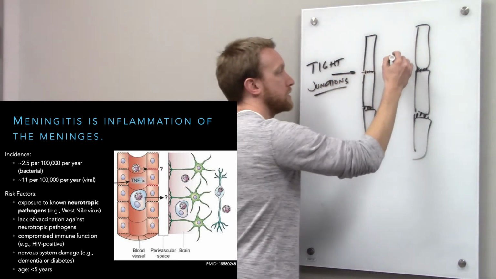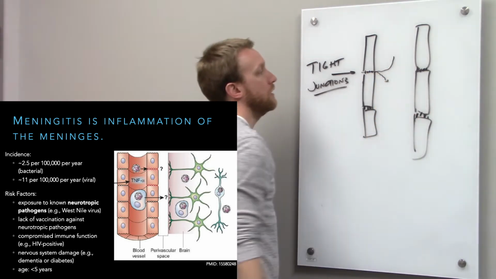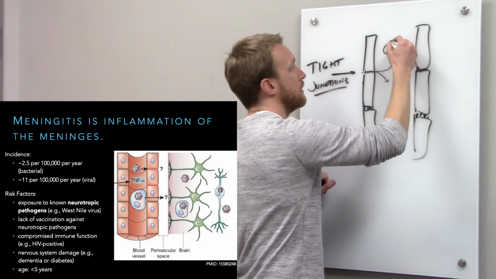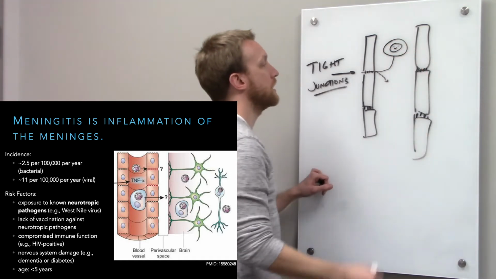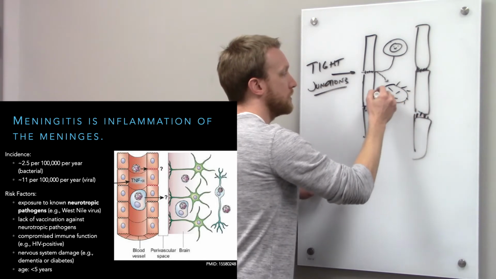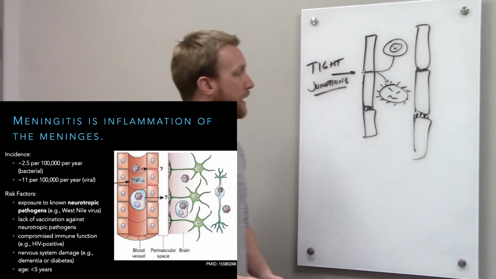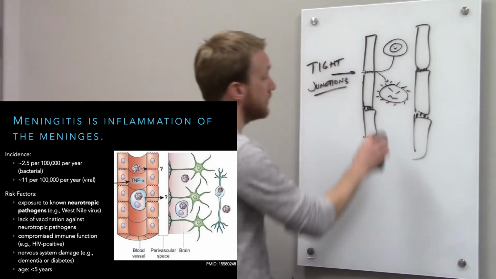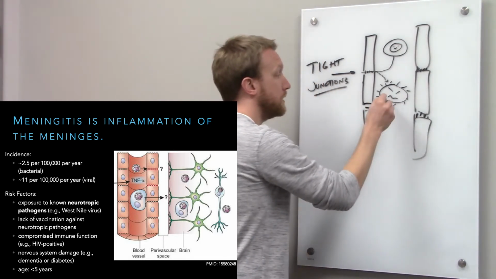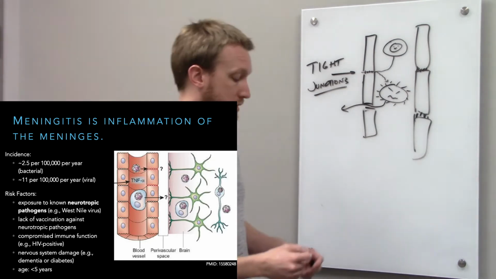Nothing can pass through. No going between the epithelial cells. So all of our happy white blood cells stay in there, and any of the angry pathogens that might be floating around stay in there. But in the very young, where we haven't yet developed these tight junctions, well, we've got a space for pathogens to exit.